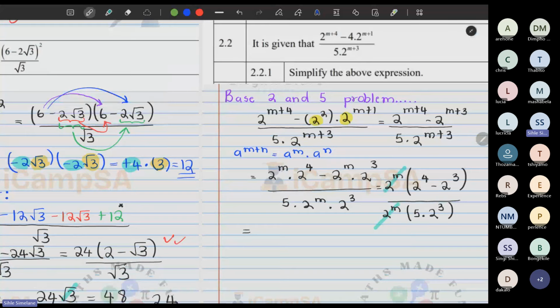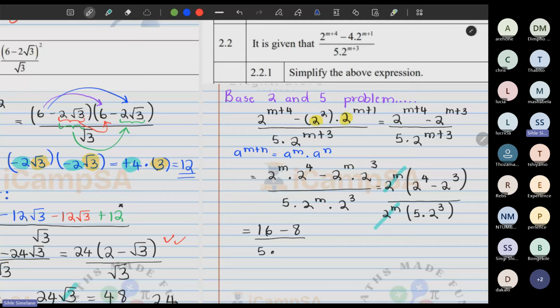And now this is equal to, what is 2 to the 4, guys? Sixteen. So 2 to the 4 is 16, and what is 2 to the 3? 8.